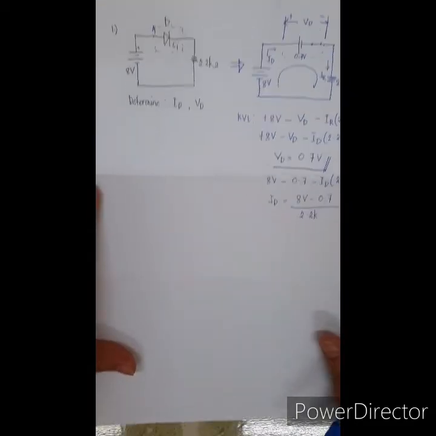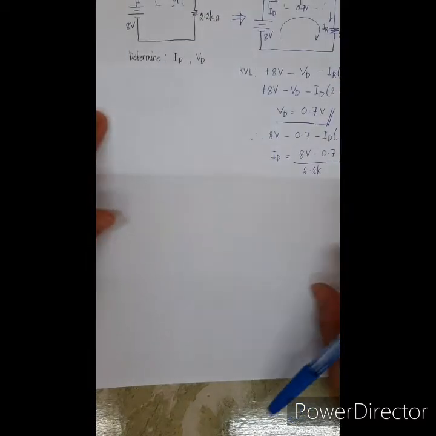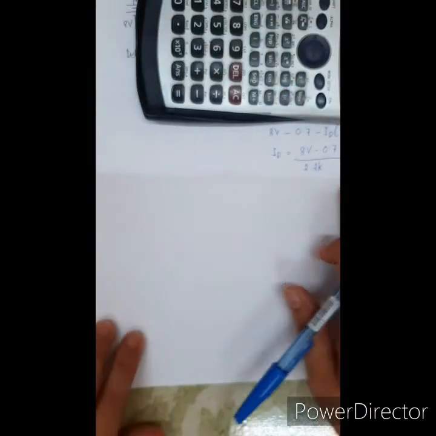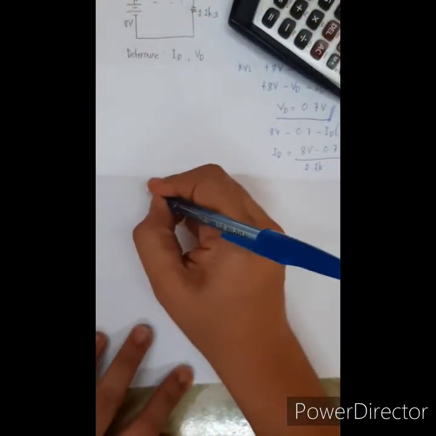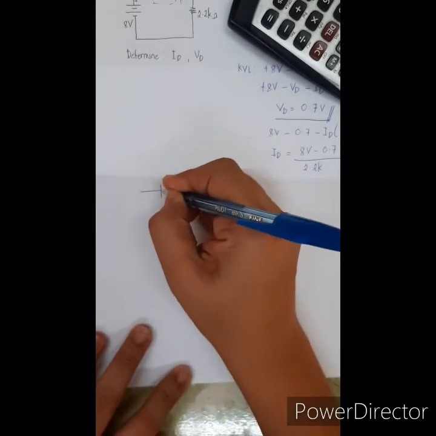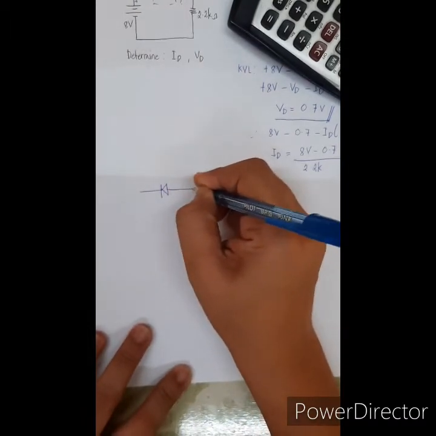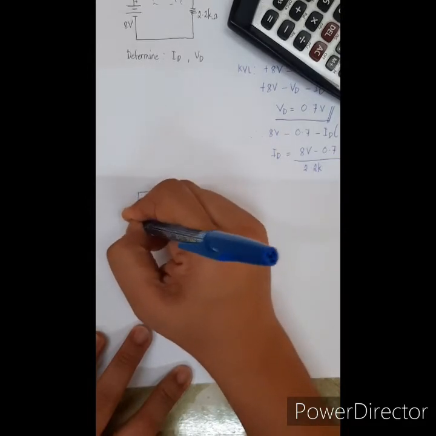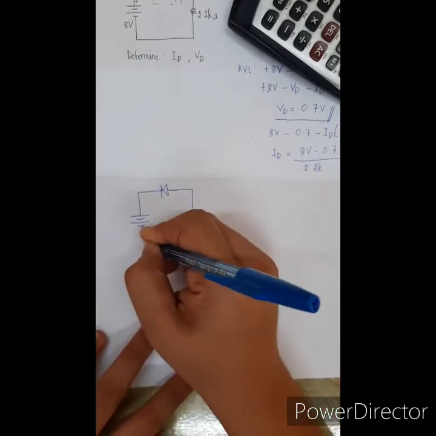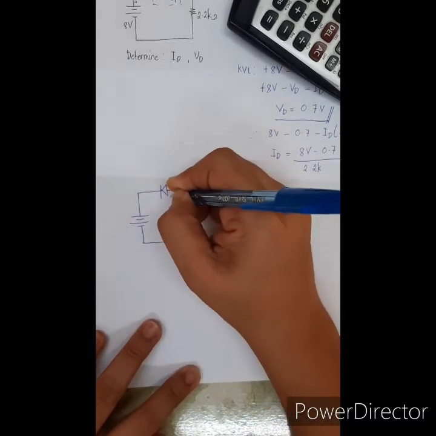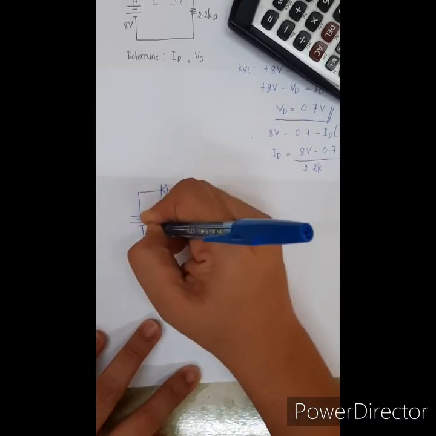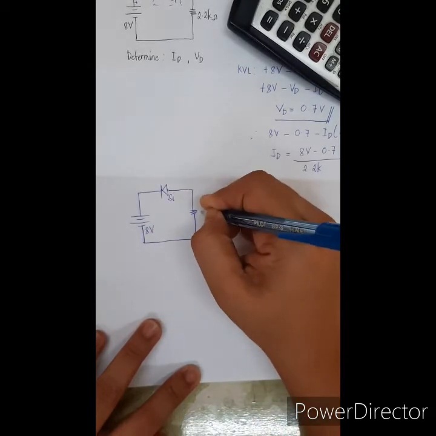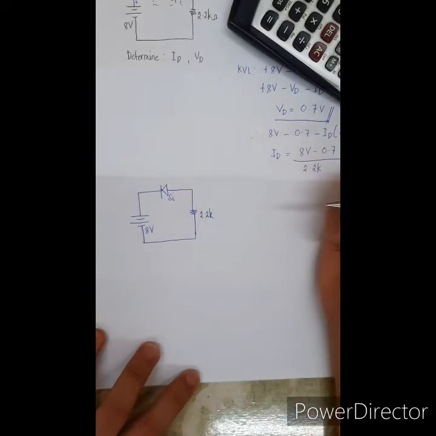Okay? So, bigyan natin ng idea. Supposing our diode here is connected in the reverse. Okay? So, parang ganito ang mangyayari. So, silicon pa rin yan. That is 8 volt. That is 2.2K.